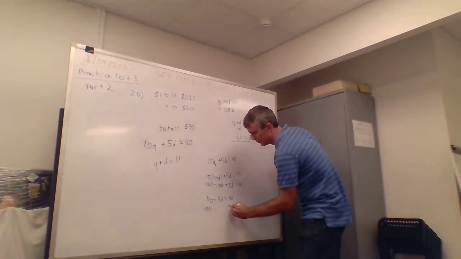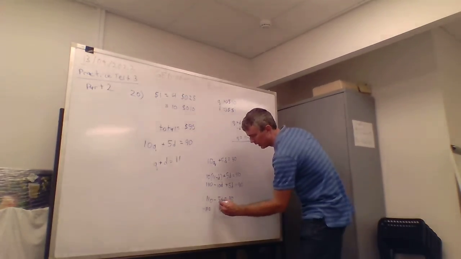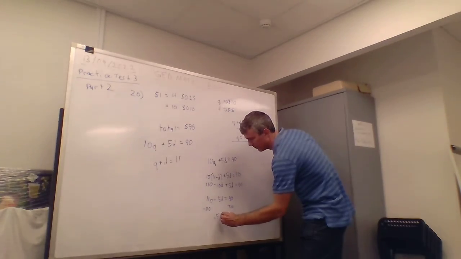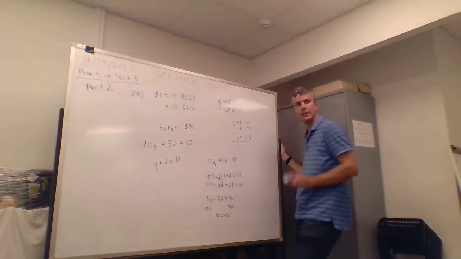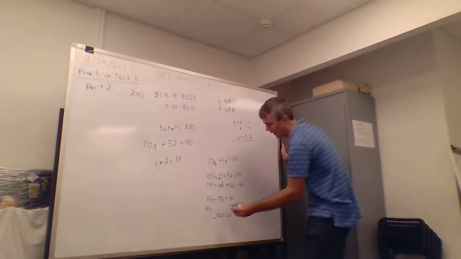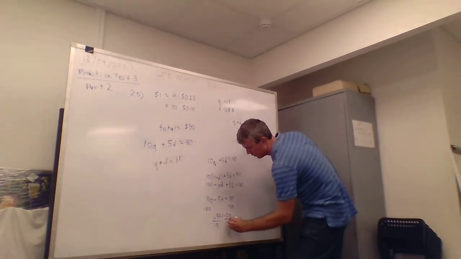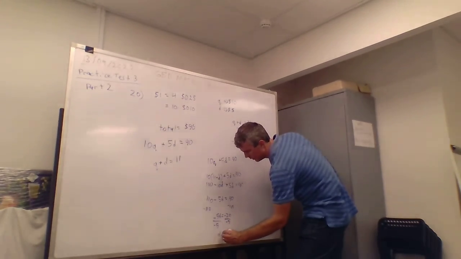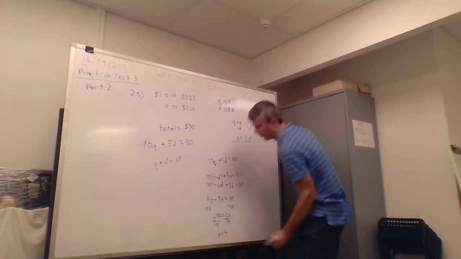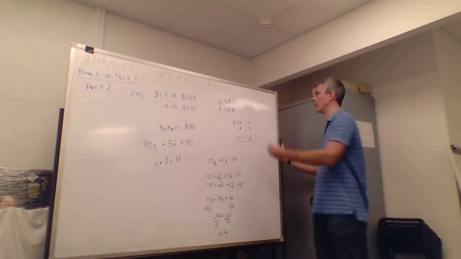That becomes minus 5d equals negative 20. Now we divide by minus 5, and d equals 4. That's right. So d equals 4.